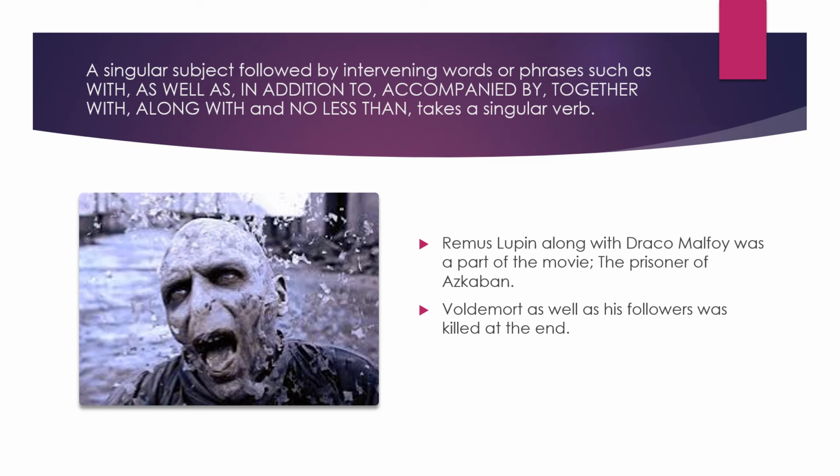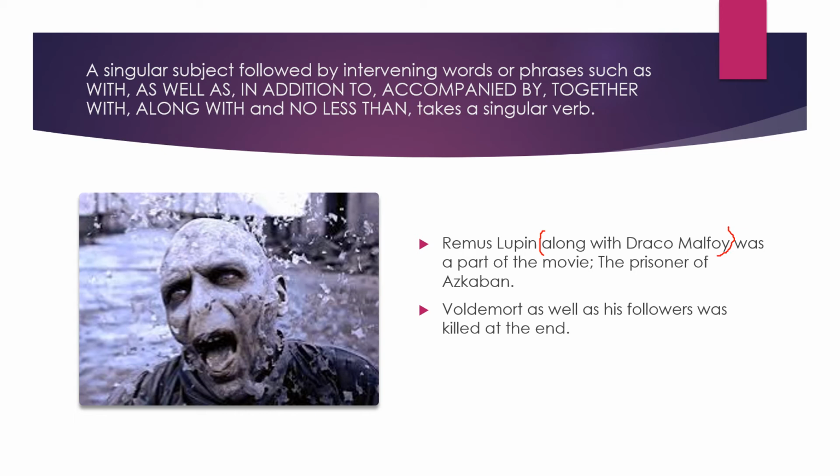So what I have done is put these things within the bracket, which would mean that I now only have a sentence that says Remus Lupin was a part of the movie The Prisoner of Azkaban. So Remus Lupin, I'm putting a bracket here, along with Draco Malfoy, which is the second subject.